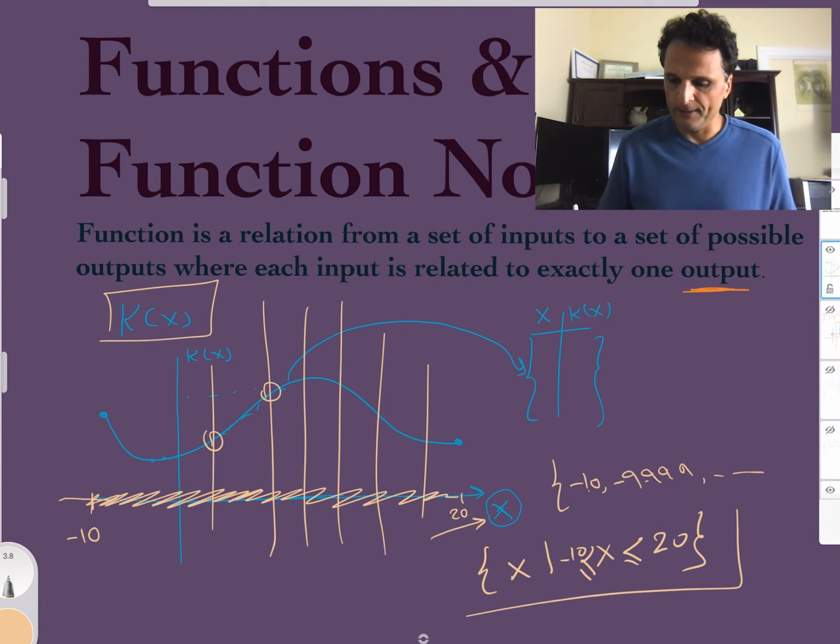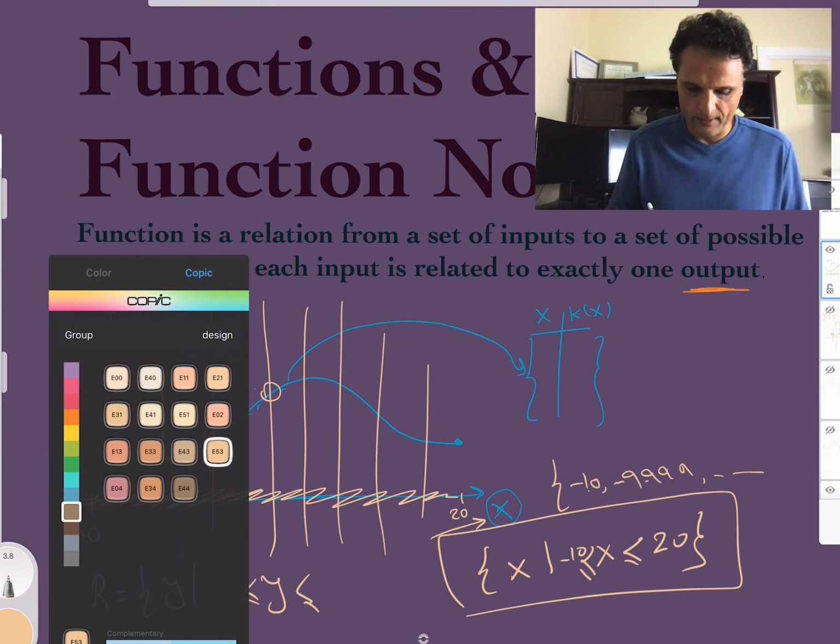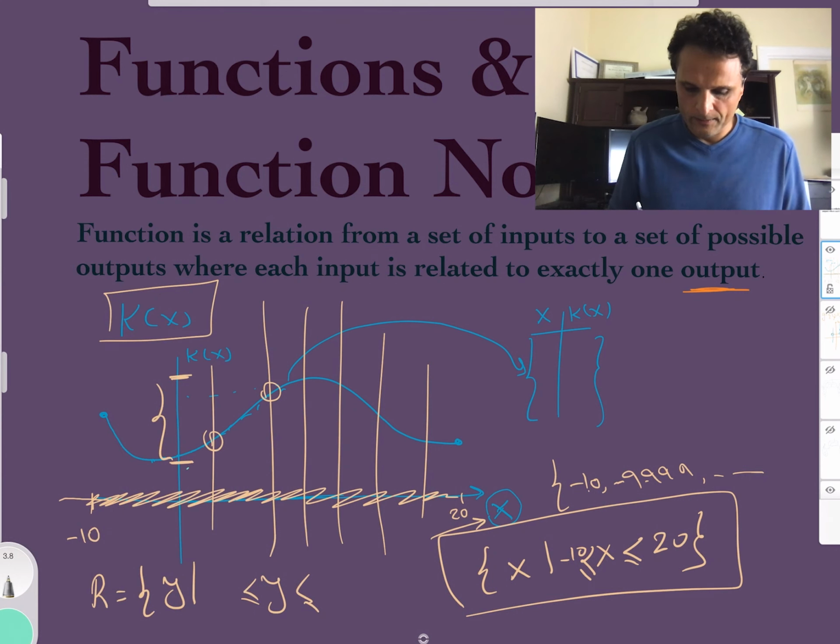So this will be the domain, and the range will be from here to there. We can write the same inequality: range is y such that y is between, I'm going to just call it 3 and 11. More than 3, less than 11.